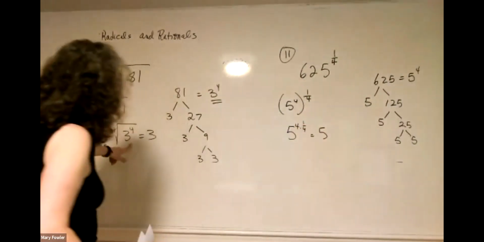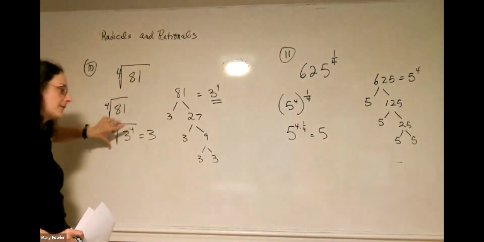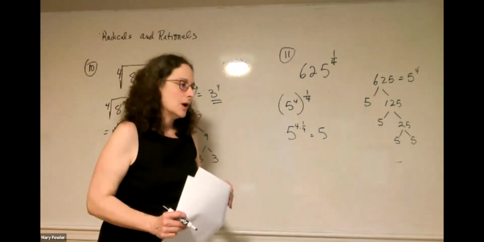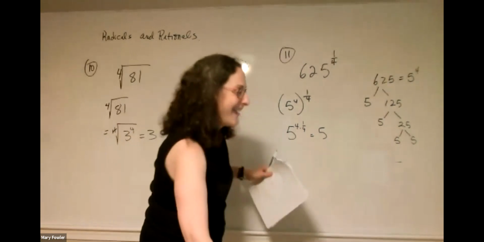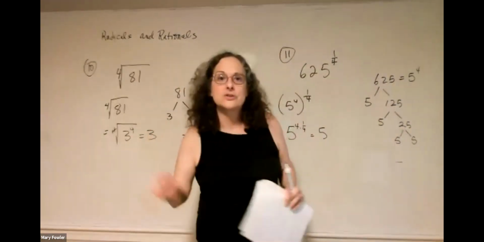This is another way to think about how the quarter root and the fourth power cancel. You can think of it as an extension of the power rules. Okay, so that's it for radicals and rationals, and I'll see you in the next video.